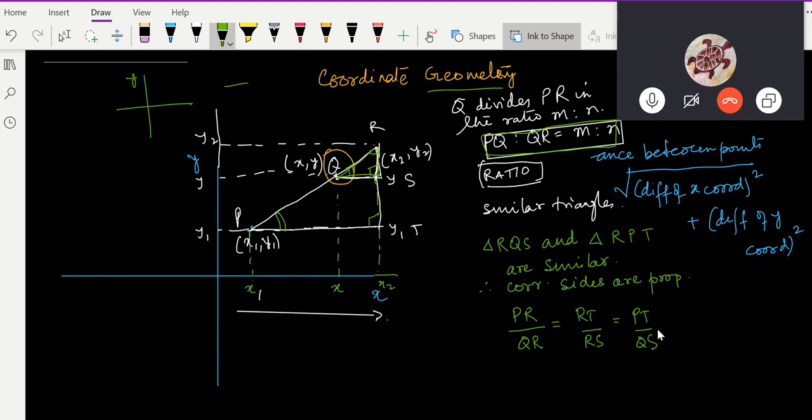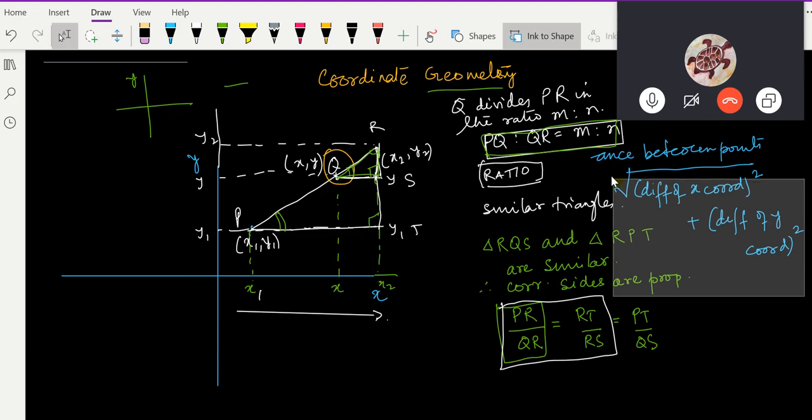So first we have to look at PR by QR. We take two at a time. First we will take PR by QR and RT by RS. So what is PR by QR?